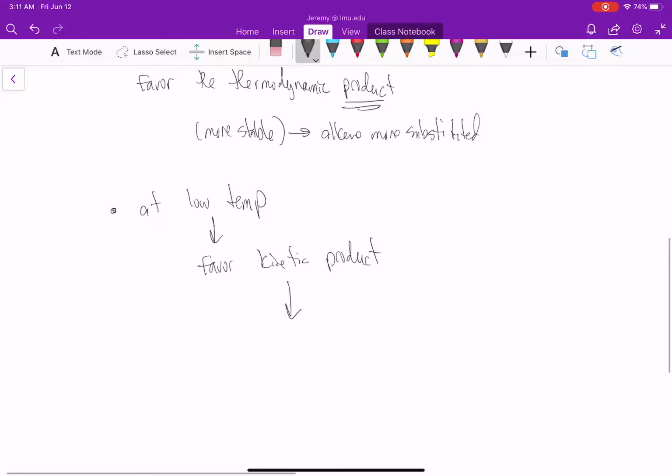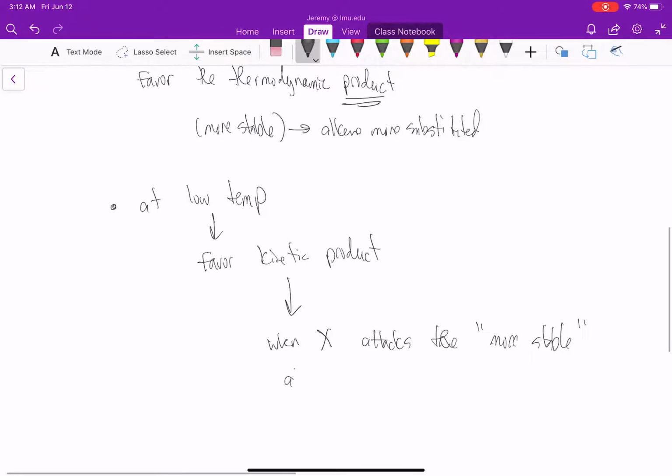That is going to be when our halogen, our halide, attacks the, and I'm going to use quote here, the more stable alkene. Okay? Because it's the act of attacking that separates the two carbocations.